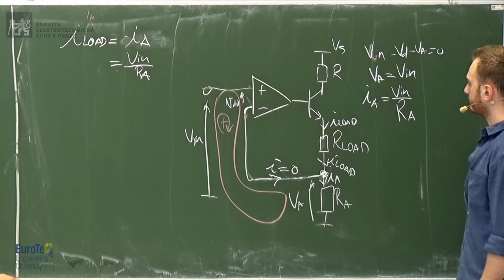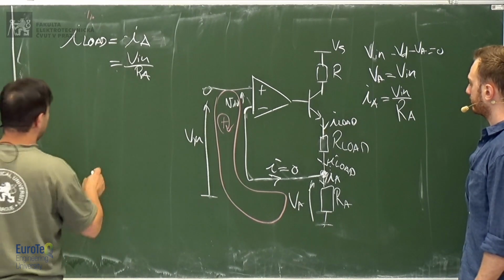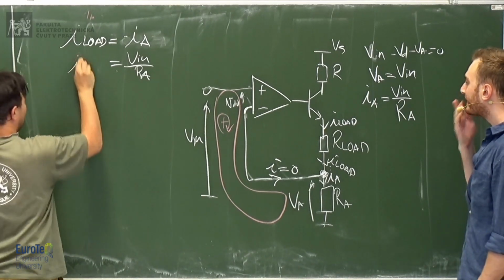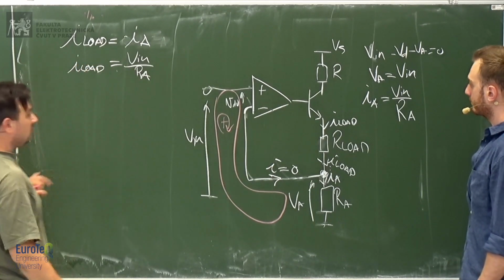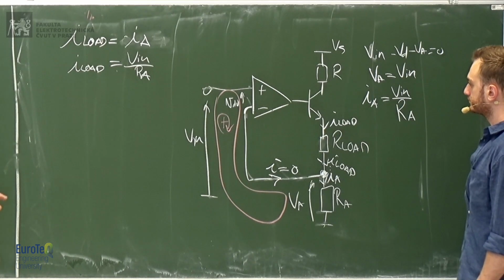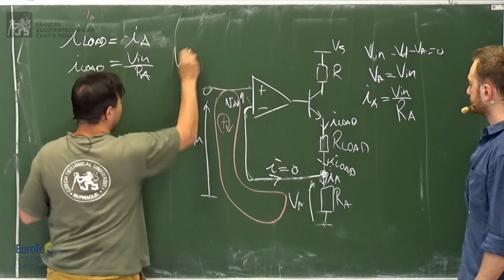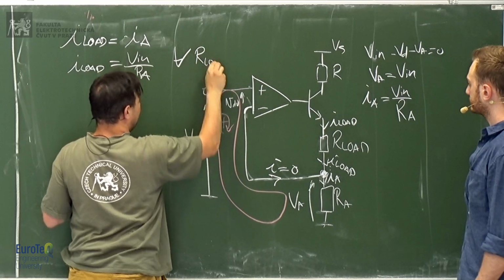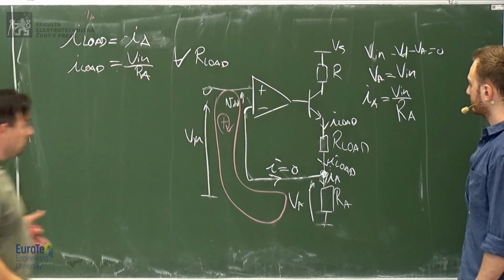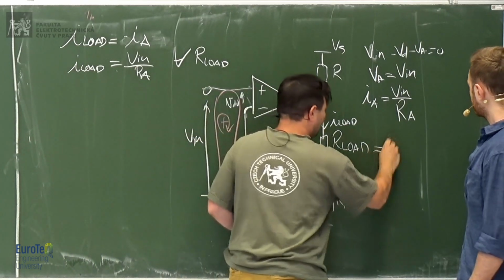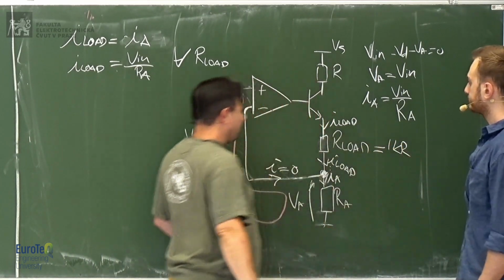This is interesting because the current in the load is proportional to the input voltage, independently from the resistance of the load. So it does not depend on the load. You put one here, 1 kilo ohm, fair enough.